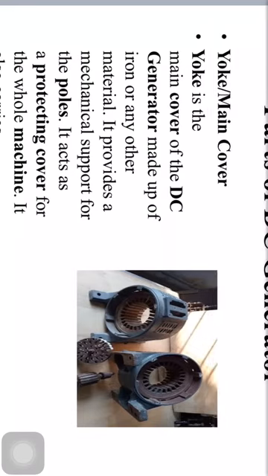I think all of you have observed this part. The yoke is the main cover of the DC generator, made of iron or any other material, and it provides mechanical support for the poles, and it acts as a protecting cover for the whole machine.